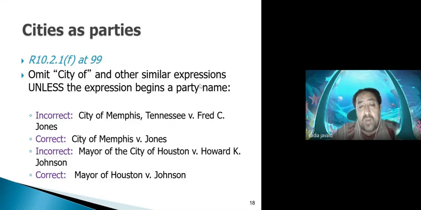Incorrect: City of Memphis, Tennessee versus Fred C. Jones. You have to just write City of Memphis versus Jones. There is no need to mention which city. Incorrect: Mayor of the City of Houston versus Howard K. Johnson. The right one is Mayor of Houston versus Johnson. The city name should be erased.